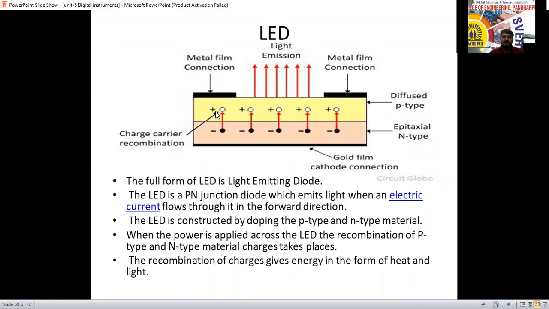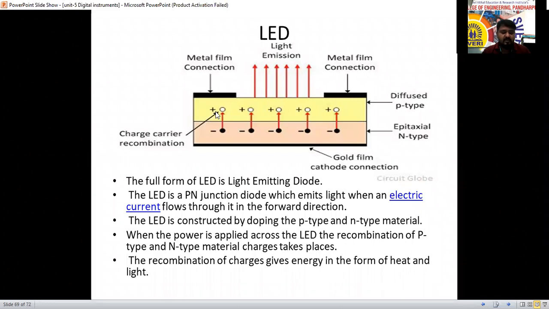So is an LED a semiconductor device or a non-semiconductor device? Semiconductor. Semiconductor and conductor, what is the difference? Can anyone tell?